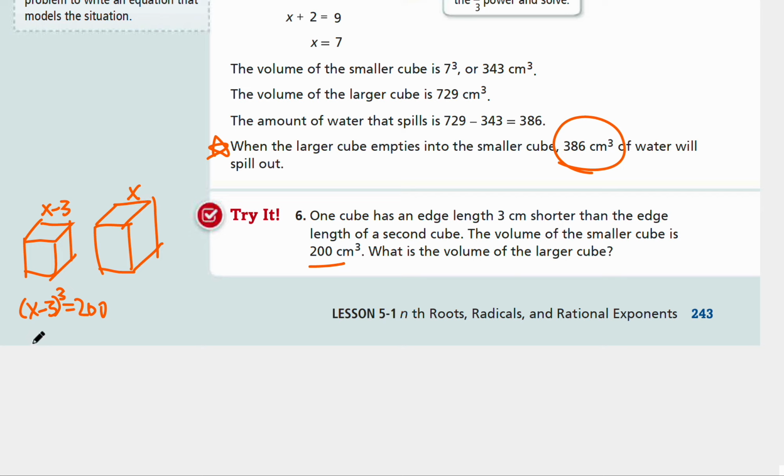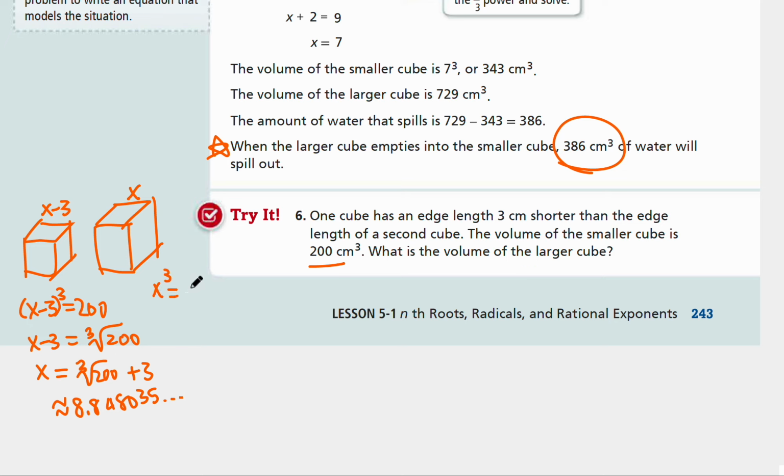So then x minus 3 is equal to the cube root of 200 if we take the cube root of both sides. And then x is equal to the cube root of 200 plus 3. And then you can use a calculator to figure that out, which is about 8.848085... And so the volume of the larger cube would be x cubed.